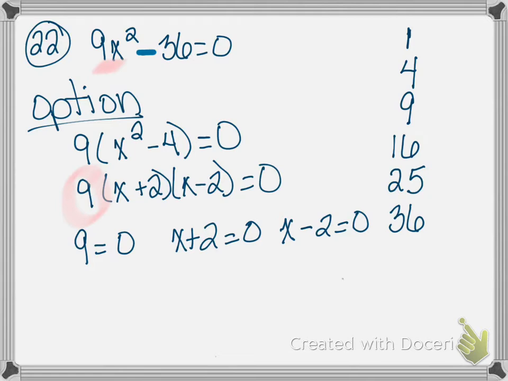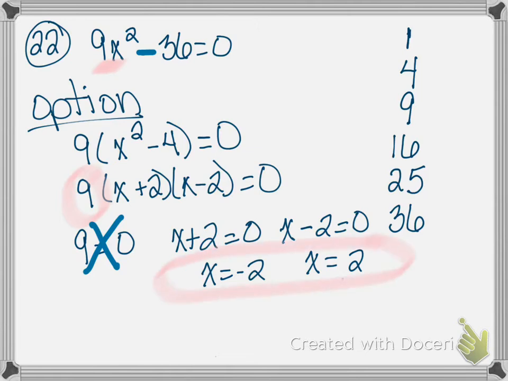It doesn't have a variable with it, so it doesn't come into play when you're trying to find solutions. You just throw it out. Then we end up with x equals negative 2 and x equals 2, which is exactly the same thing that we got when we identified it as a difference of perfect squares earlier.